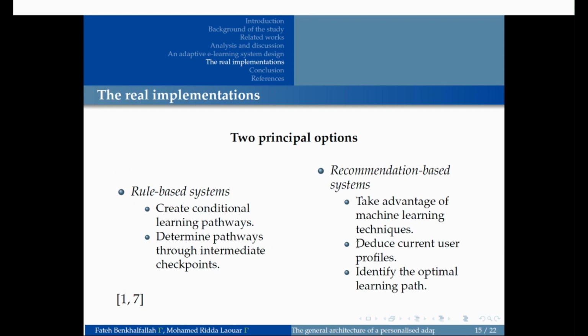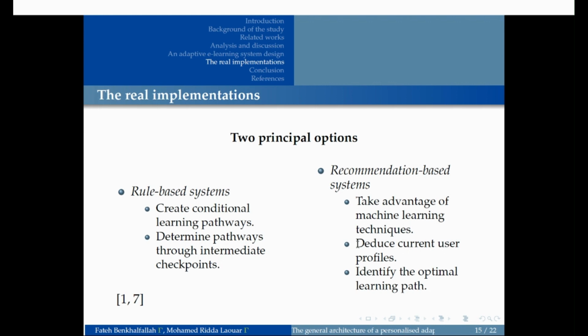Many adaptive e-learning systems are currently employed, each using different methods to implement the components of the architecture outlined above. It should be noted that there are significant differences between the systems, especially in the delivery models and underlying technology.